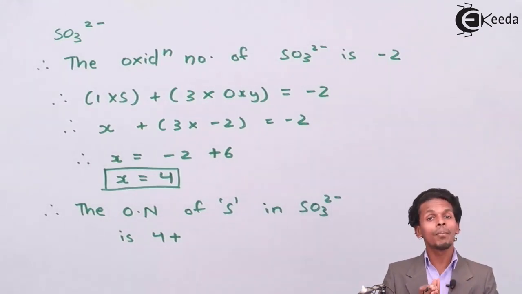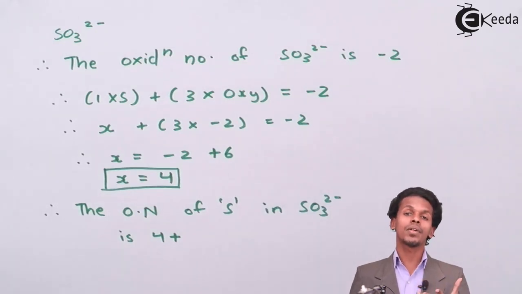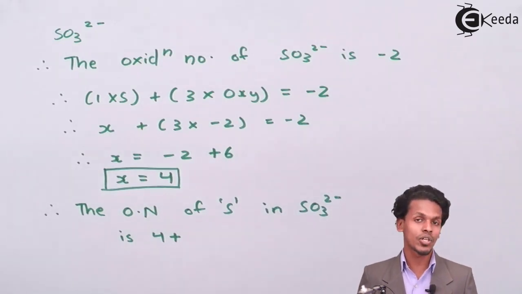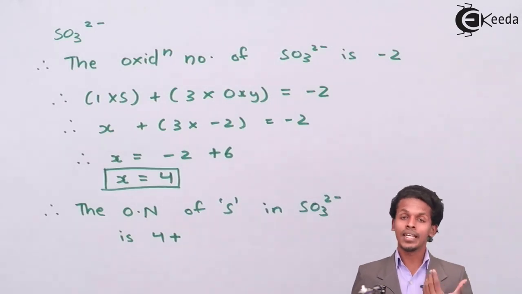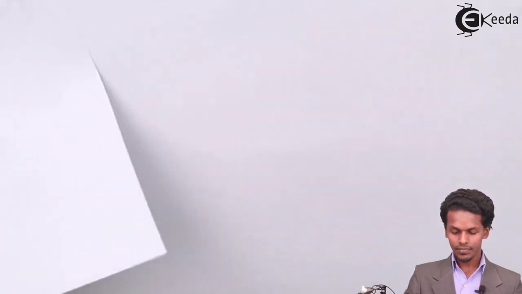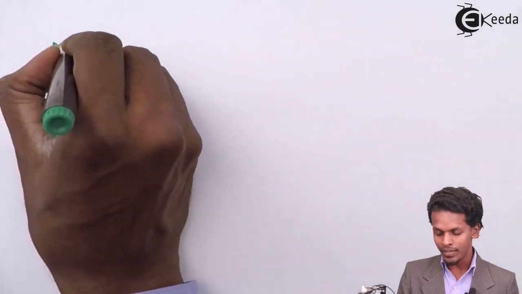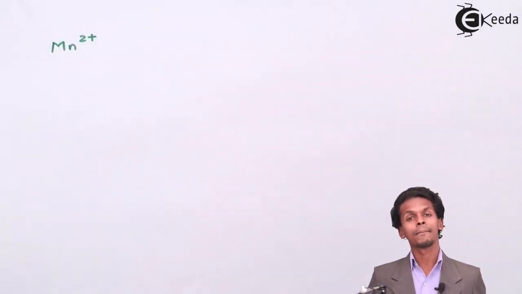And this plays a very important role in balancing the reaction, as we will see. But the oxidation numbers of the products are also remaining. So now we are going to determine the oxidation number of the products also. The first product that is mentioned is Mn2 plus.